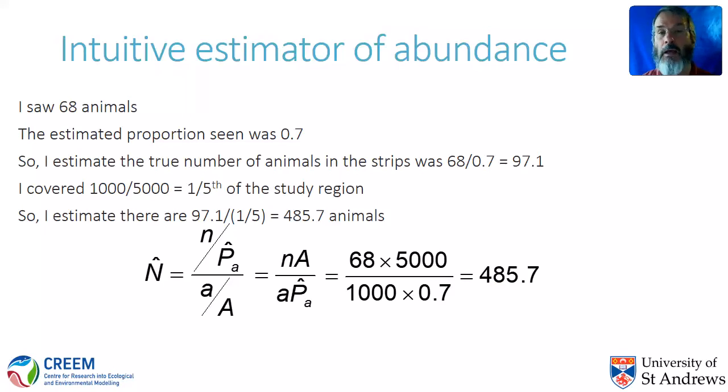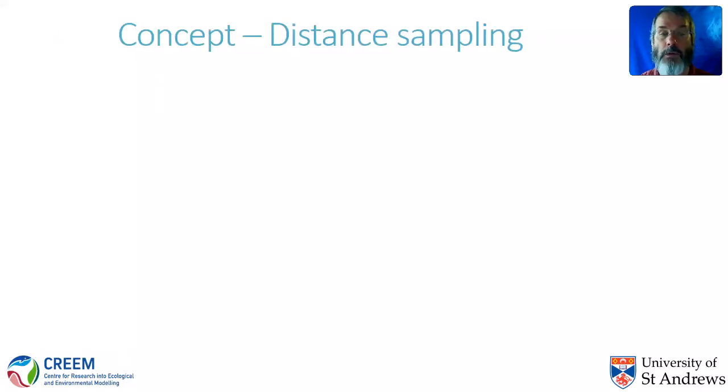So that's a formula for producing estimates of population size from distance sampling when we don't see all of the animals in the study area. Now, you would think we were done here, but unfortunately we're not. We have a pretty important piece of the puzzle that we've not yet resolved.